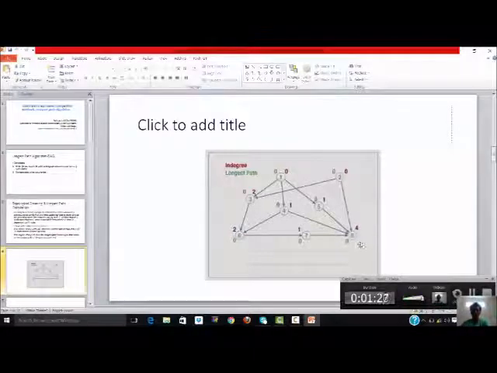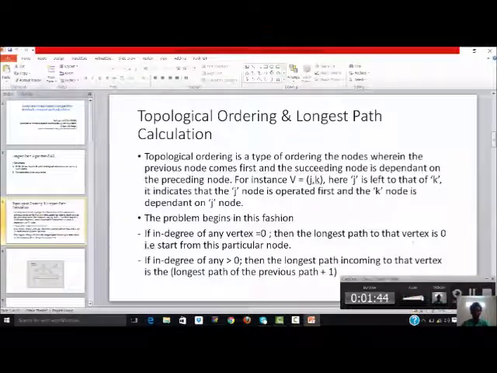So in order to find the longest path, we need to know the value of 7, and in order to know the value of 7, we need to know the weights of 6, and so forth. So the algorithm goes as follows.